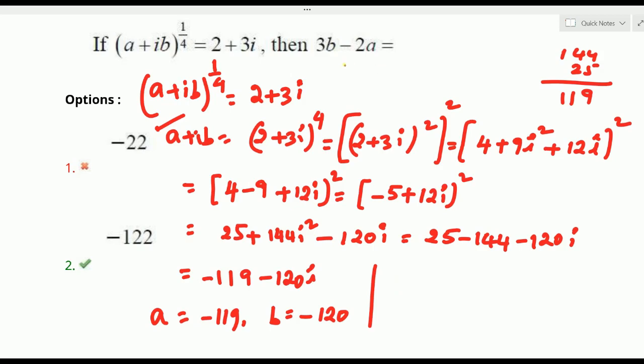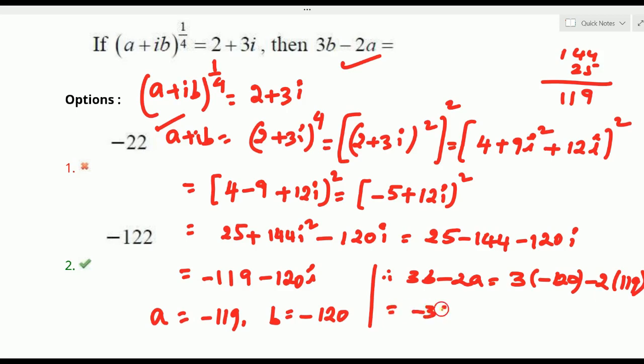What we want is 3b minus 2a. Therefore 3b is 3 into minus 120, minus 2a is minus 2 into minus 119. So 3 into 120 with minus is minus 360. Here minus into minus becomes plus, and 2 into 119 is 238.